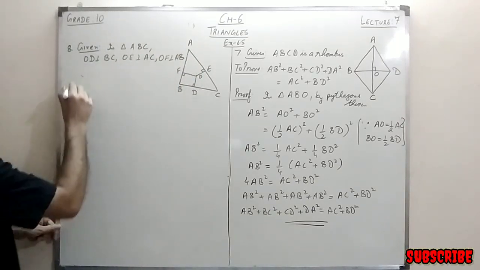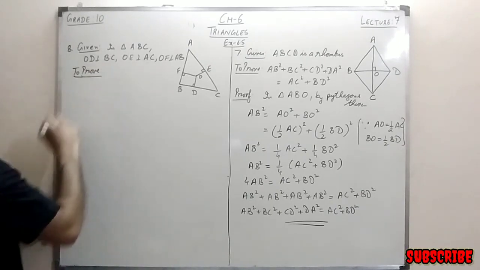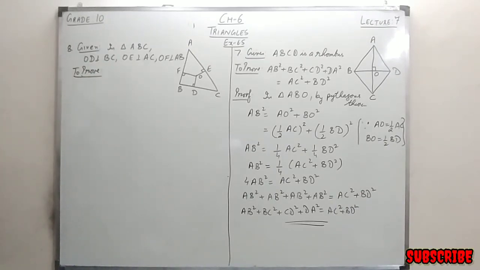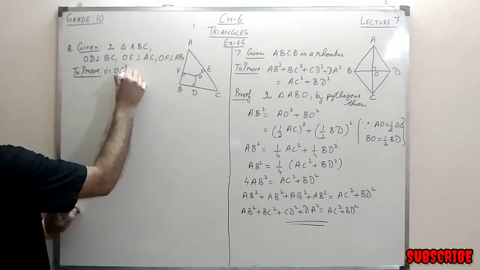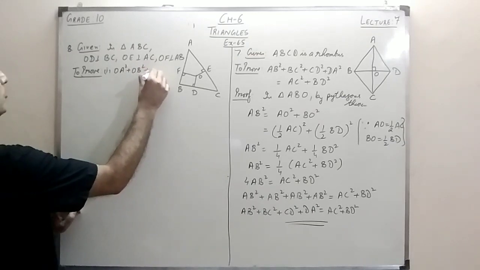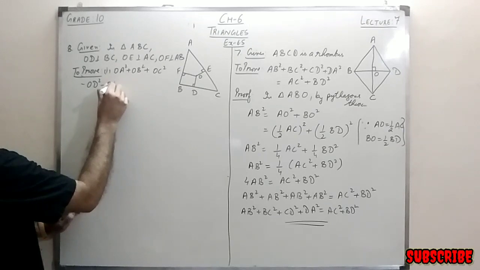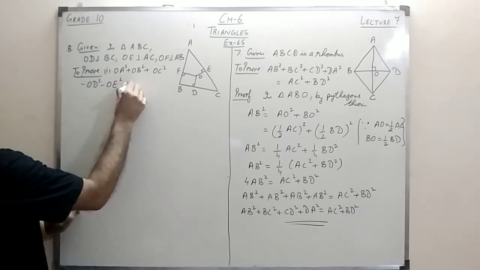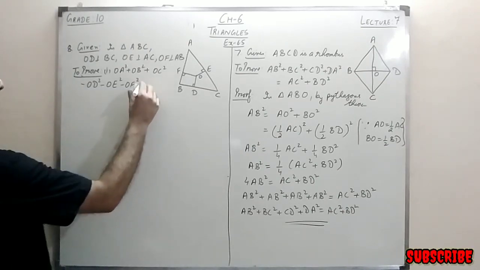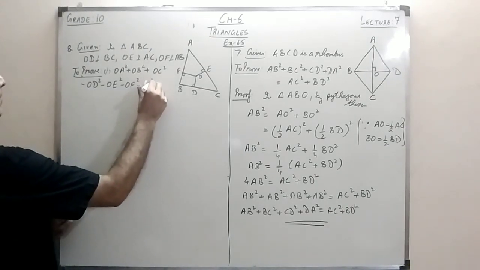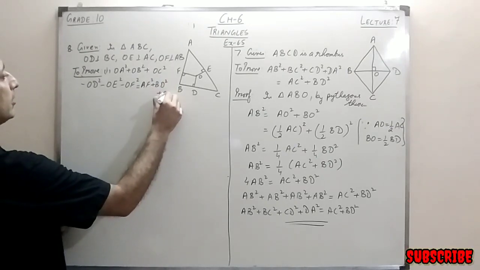There are two things which have to be proved here. The first thing I have to prove is OA square plus OB square plus OC square minus OD square minus OE square minus OF square equals AF square plus BD square plus CE square.